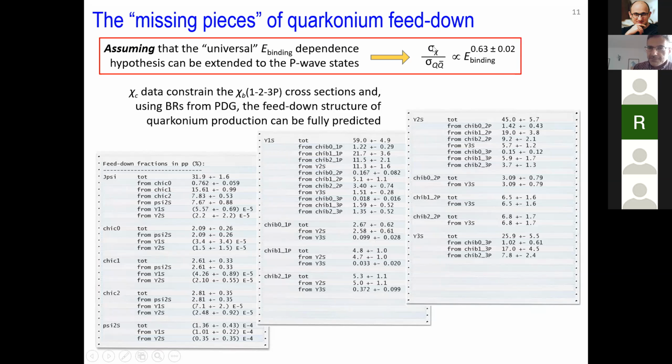So we will assume that also for P-wave, we have this dependency on the binding energy with the same power law. If we do this, we can produce automatically all possible feed downs between any states, even the most sophisticated ones. And we will use all this feed down structure in the following study of the suppression of the states in lead-lead collisions.